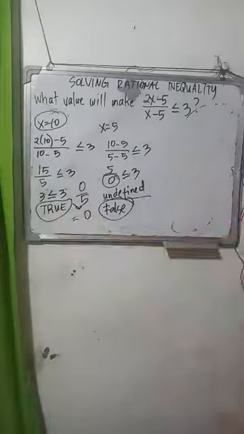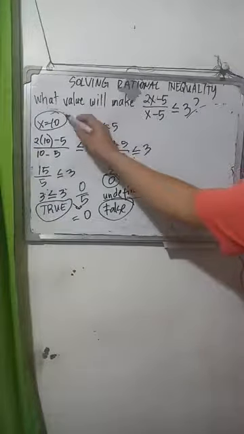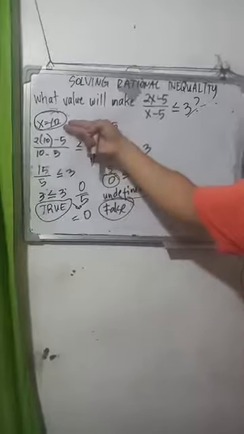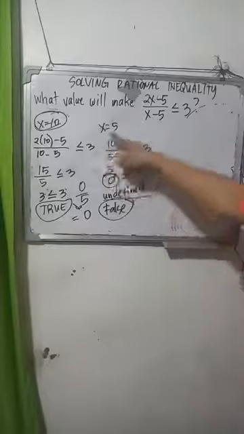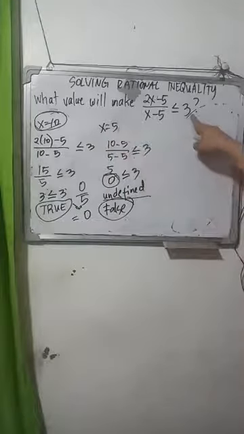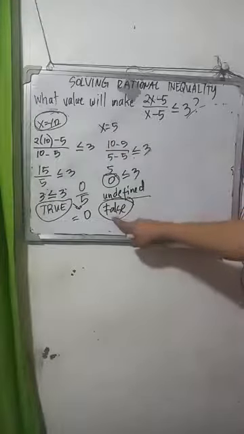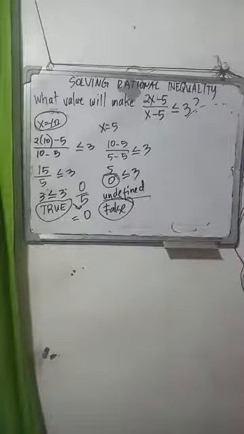Tandaan, the two meaningful numbers are positive 10 and positive 5. Positive 10, it makes the inequality true. How about positive 5? It makes the inequality false. Okay. Step number 3 or rule number 3, you will make an interval line.